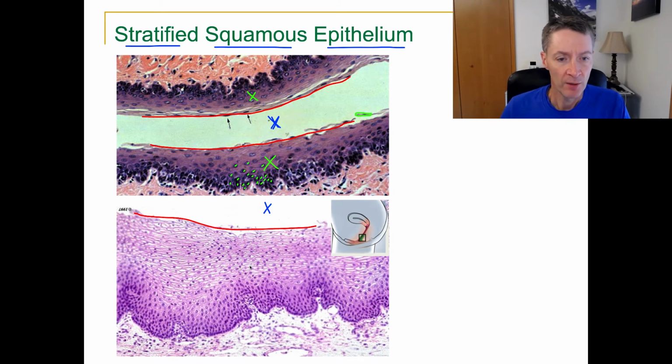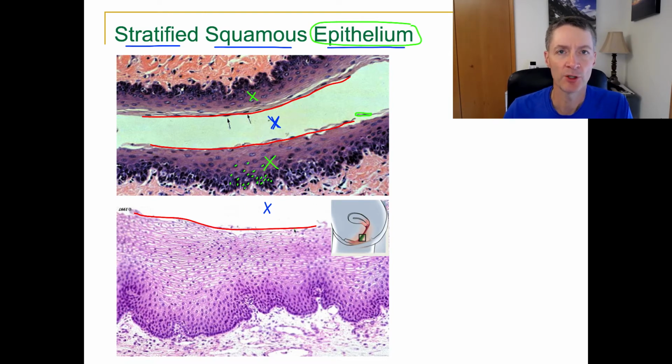Now, this looks somewhat different down below, but you'll come to the same conclusion if you approach this the same way. If I ask you, what is this? I don't give you the name. You look at it and hopefully the first thing you notice is there's white space. This has to be a surface. I already know it's an epithelial type.